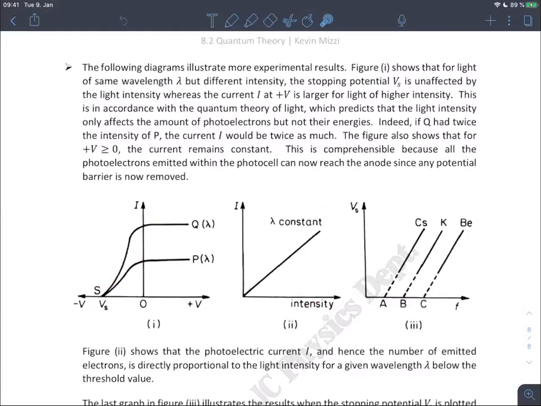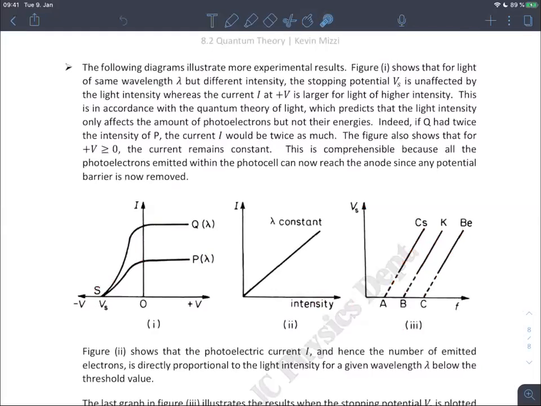Lastly, this graph of stopping potential against frequency for different metals shows first that we get the same gradient, which means that the lines are parallel to each other, and this is as expected since we just saw that the gradient is equal to h on e, both of which are constants, and thus the gradient is constant.